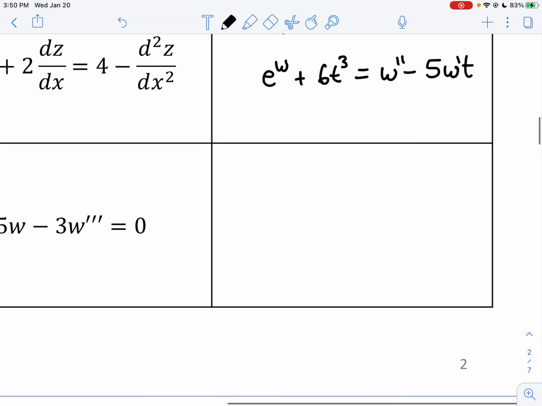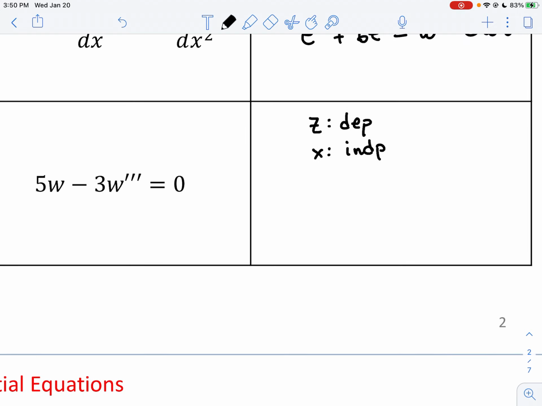So as a second example, let's do z back as our dependent variable, and x back as our independent variable. So only z's can have derivatives, but we don't have to have any x's at all. We could have the third derivative of z times 5 minus 6 times the second derivative of z plus 8 times the first derivative minus the original function is equal to 0.